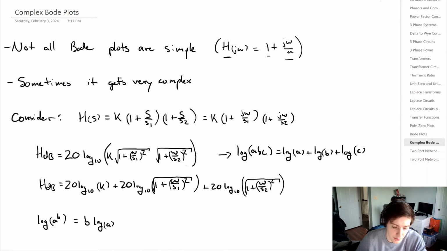So for that, we're going to consider an example where we have H given by K times (1 plus s divided by s1) times (1 plus s divided by s2), where recall that s is equal to jω.